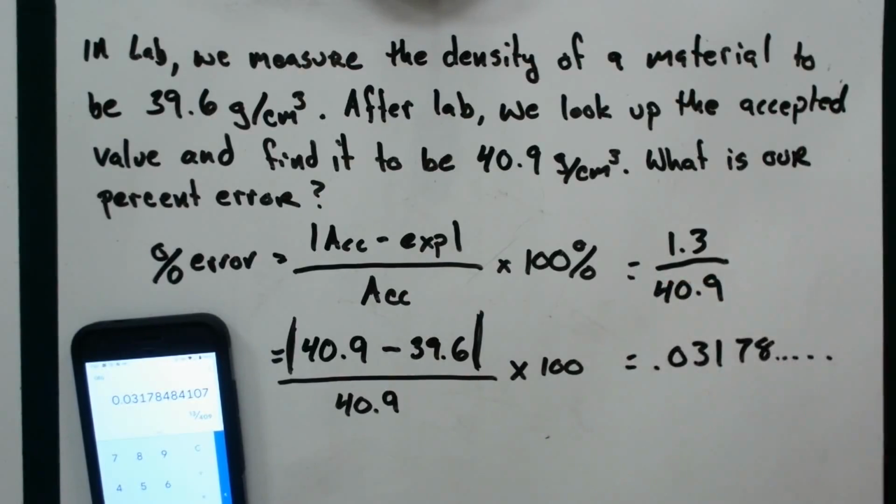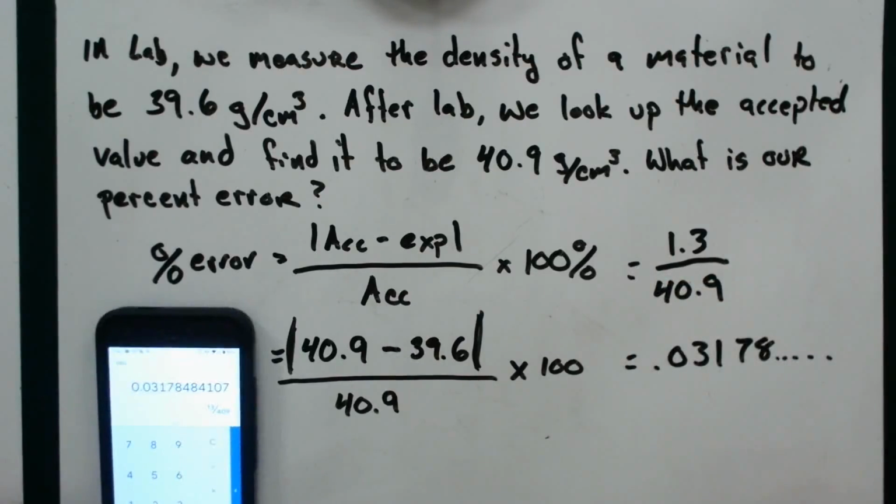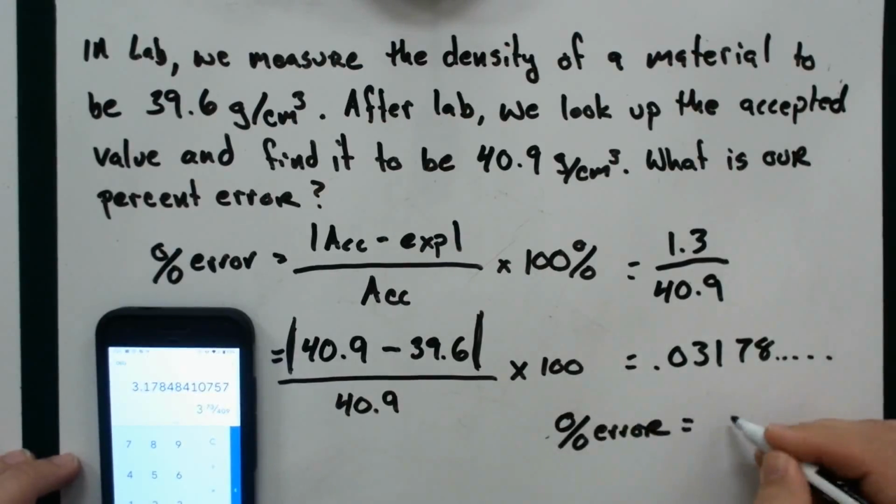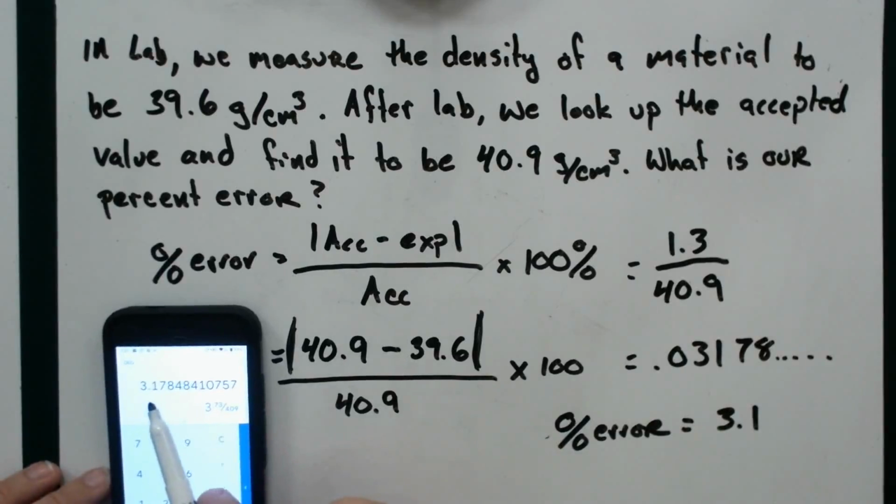0.03178 and so on. I'm not done yet though, because I haven't multiplied by 100. I divided, and now I have to multiply by 100. That gives me a final percent error of 3.178. The 8 is going to make that 7 round up to an 8, so 3.18.